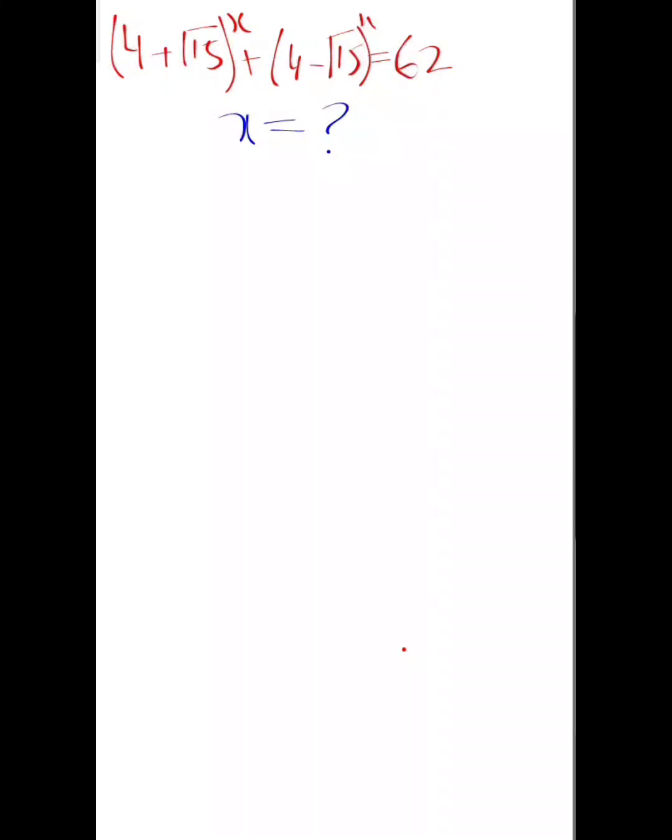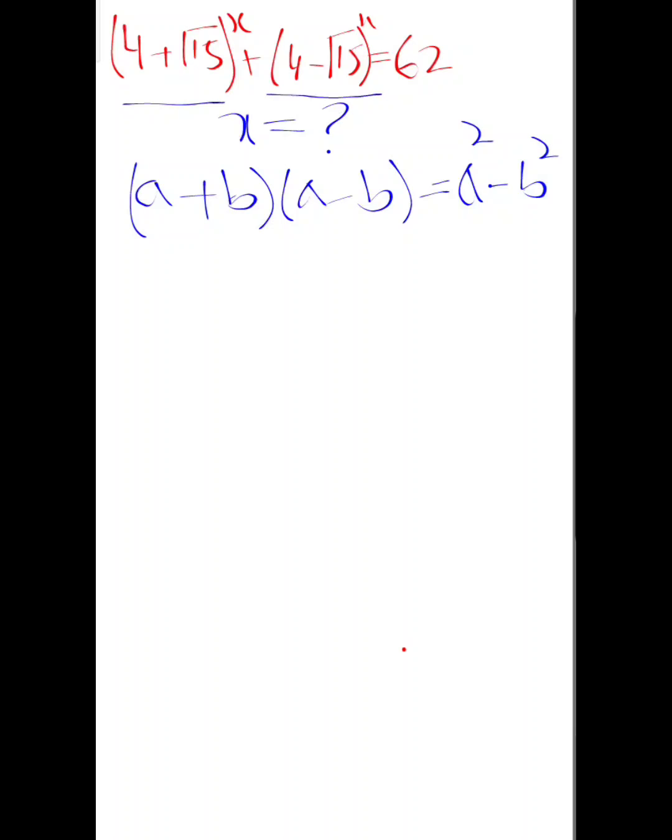Today we are here with an amazing exponential equation to solve. So let's start. In the first step we are using our formula (a plus b) times (a minus b) is equal to a square minus b square. To use this formula we will take both terms, 4 plus square root 15 and 4 minus square root 15.